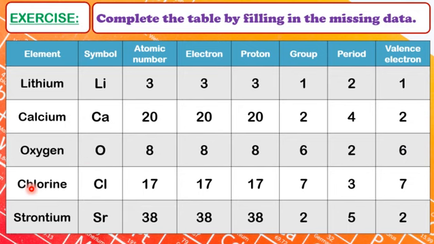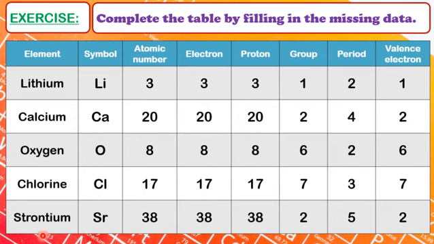Chlorine, on the other hand, symbolized by Cl, having 17 atomic number, which means 17 electrons and protons. It belongs to group number 7 because it is located in column 7, which means there are 7 valence electrons present in the chlorine. And period number 3 is the row of chlorine.